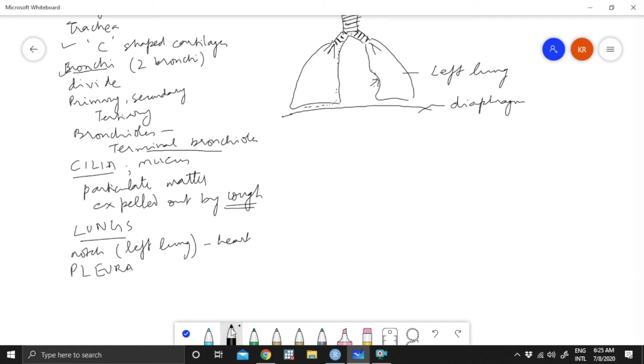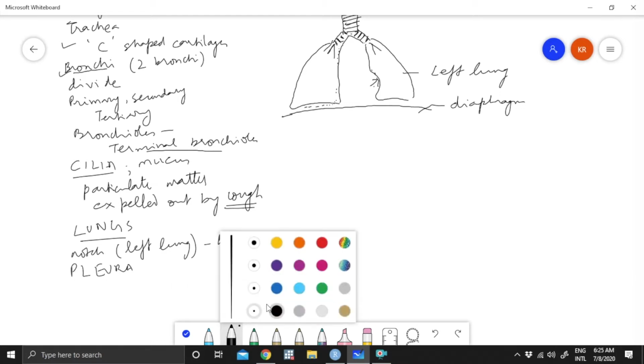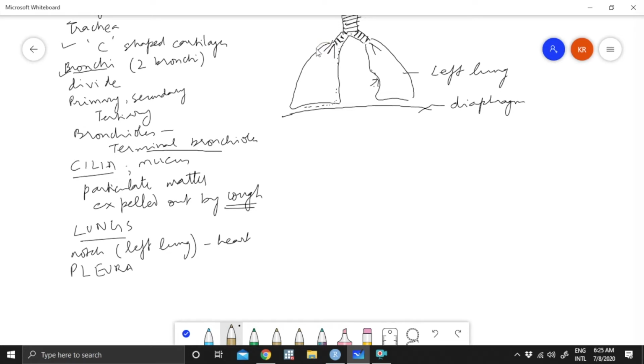So let us show this. So everywhere over here the lungs are covered by pleura.